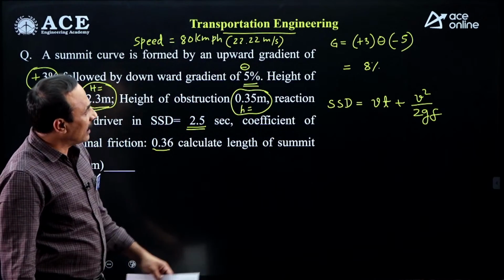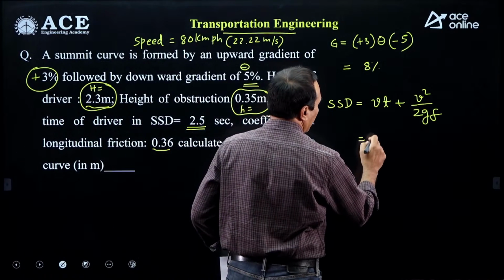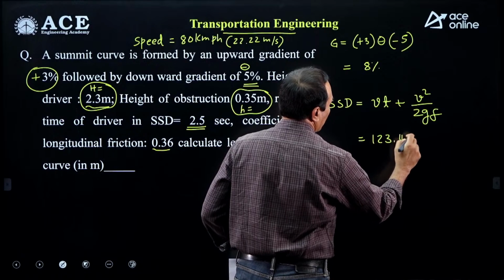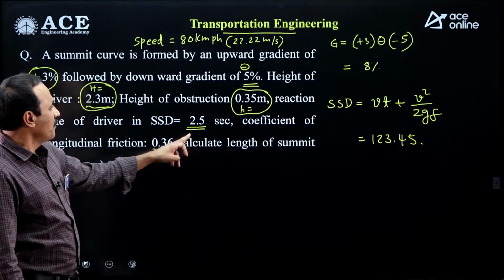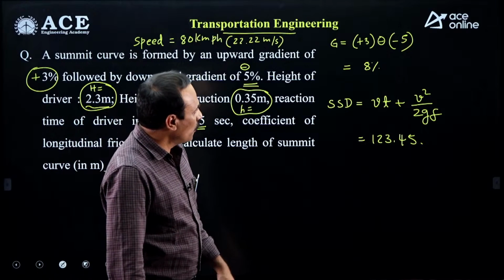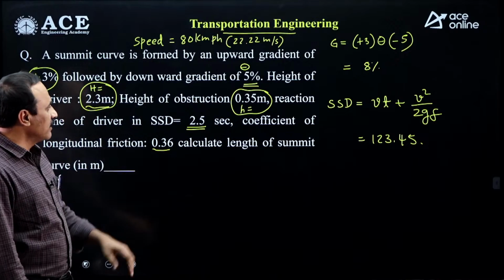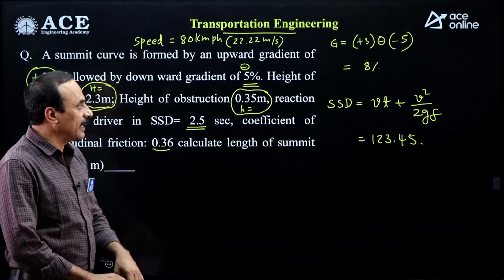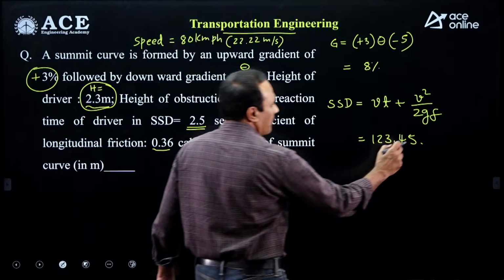And if you calculate all the values, SSD becomes 123.45. The reaction time is 2.5 seconds, and coefficient of longitudinal friction 0.36, g we take 9.81, so SSD is 123.45 meter.